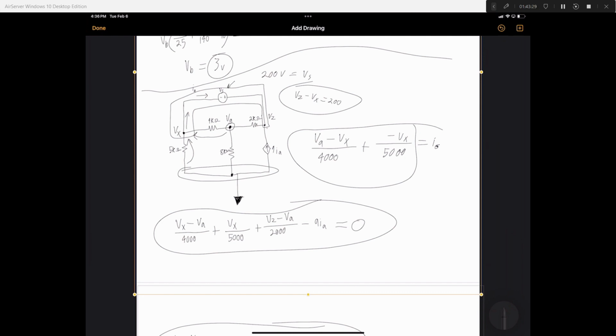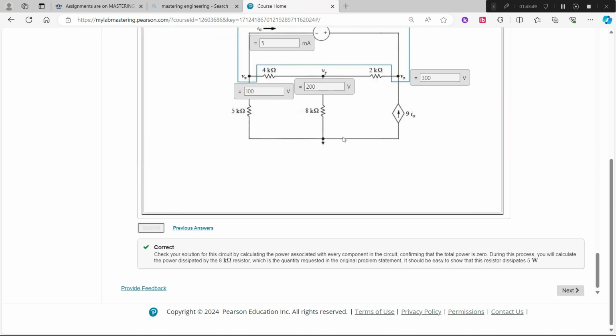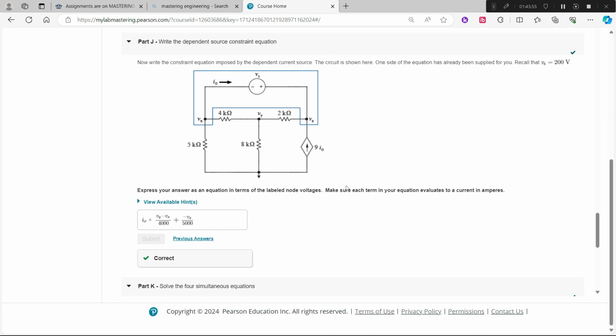Plus this 0.005, which is 5 milliamps, which is the right answer. I was off by a little. I just forgot. And those are the bonus questions. So yeah, 5 milliamps. Our numbers are right for this.